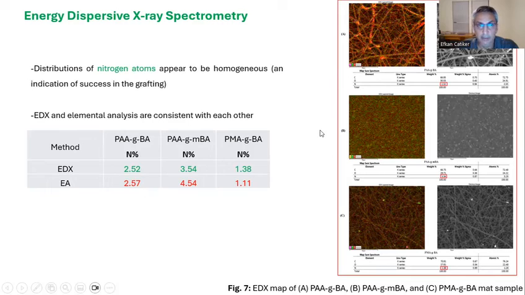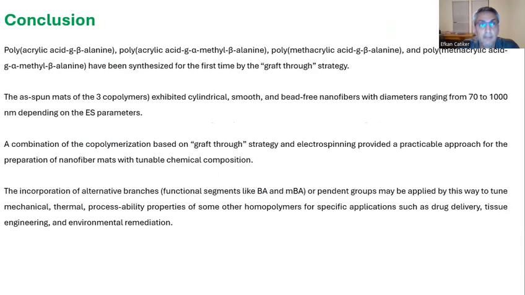After proving grafting success, we can conclude that we obtained four types of graft copolymer based on polyacrylic acid, methacrylic acid, and beta-alanine and alpha-methyl beta-alanine. This is the first time they have been synthesized by the graft-through strategy.